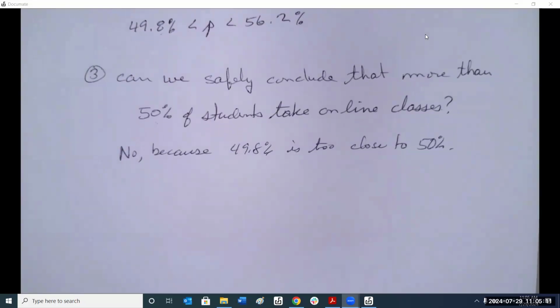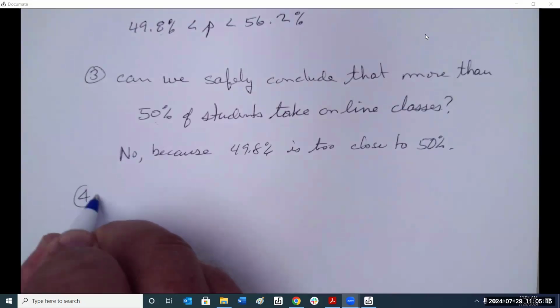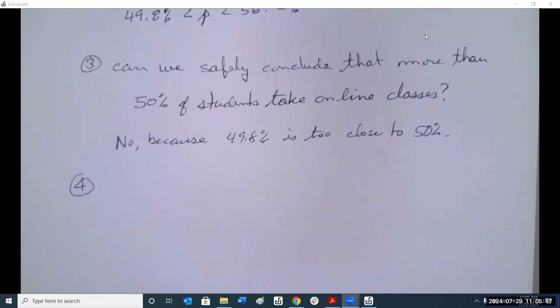Okay, and what's our last one? Conclusion. And this will vary from student. Remember what the notes said earlier is how you would state that. So pretty much just mirror what that statement was.